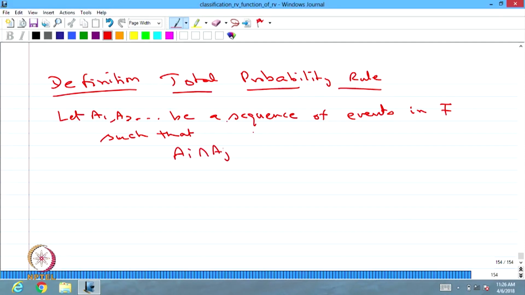Ai intersection Aj is going to be empty. That means they are mutually disjoint for all i not equal to j. Not only that, if I take the union of the Ai's, that is going to be the whole set. That means indirectly this is a partition of omega. This sequence of events could be finite or countably infinite.